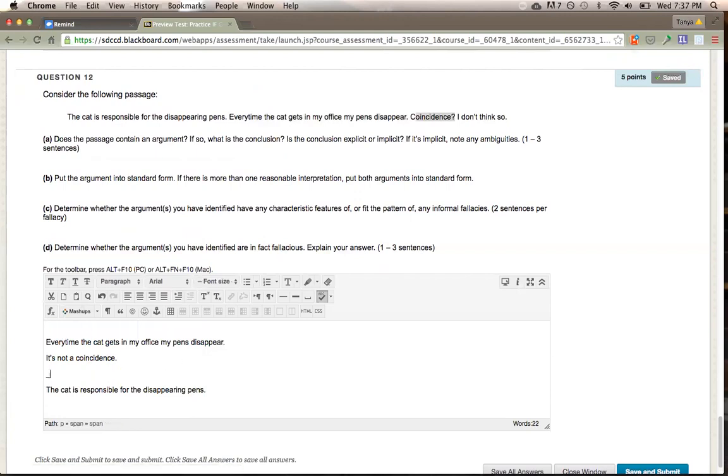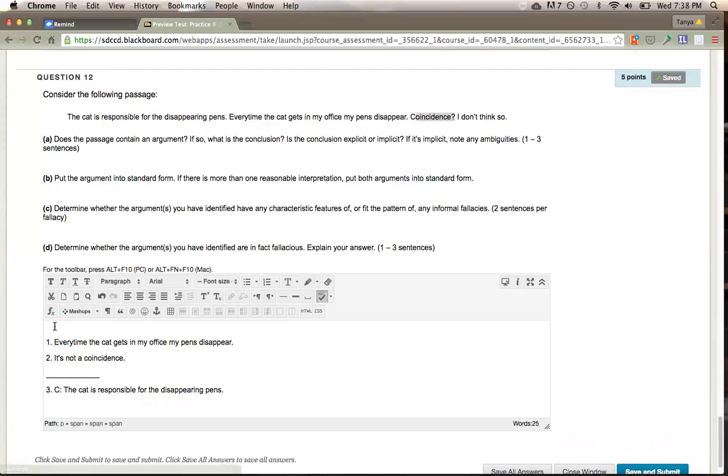So if we were answering part A, we would say, yes, this is an argument. The conclusion is the cat is responsible for the disappearing pens. It is explicitly stated. End of answer. Now put it in standard form. We've already done that.